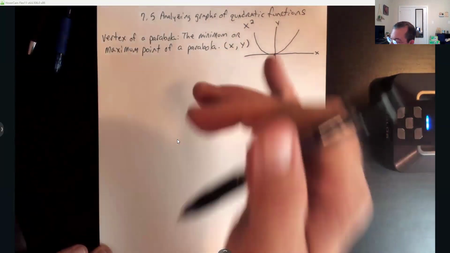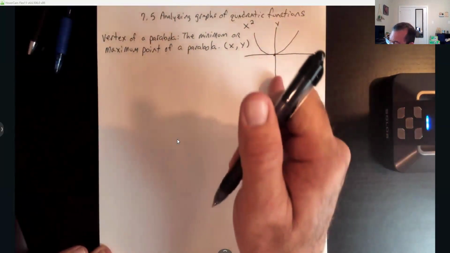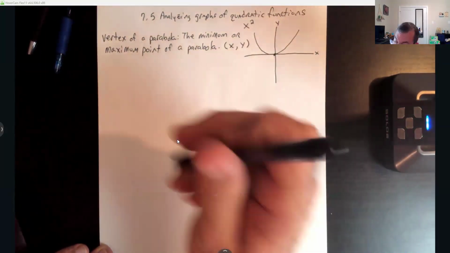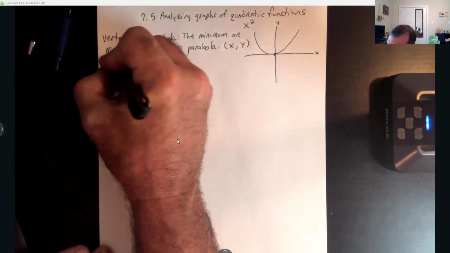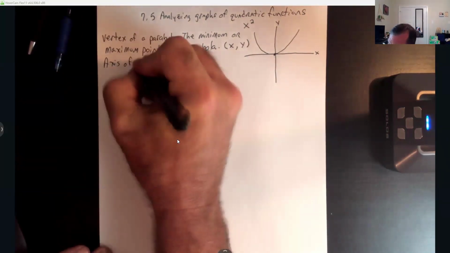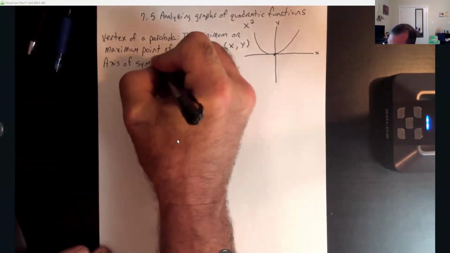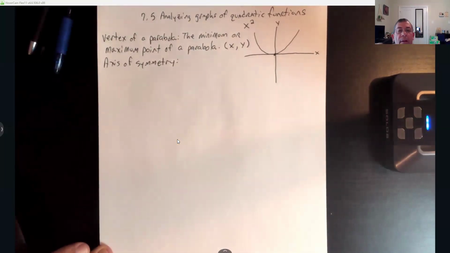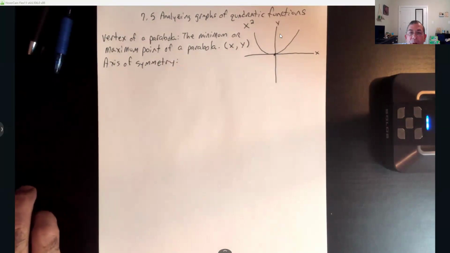Now, a few things we can get from these vertexes, though. It gives us what we call an axis of symmetry, which is the vertical line that cuts the parabola in half. All right, y'all.